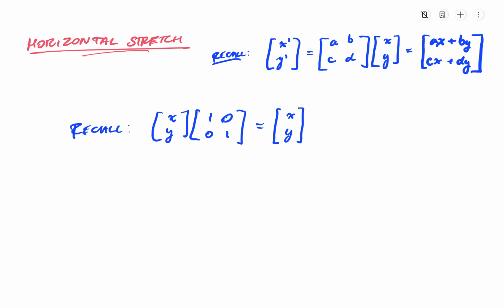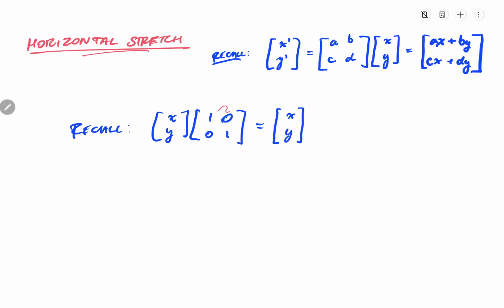So what I'm going to do is change each number in our identity matrix one at a time, to see how this affects the output.